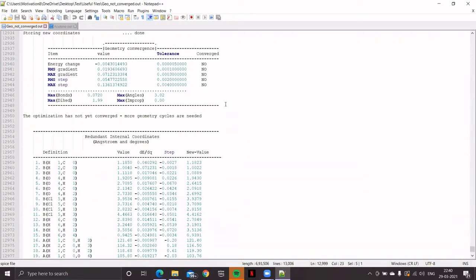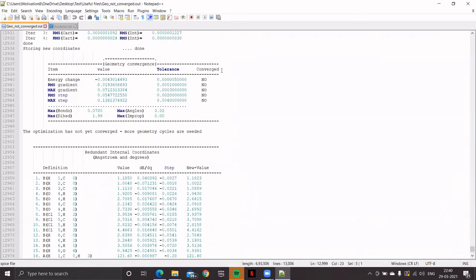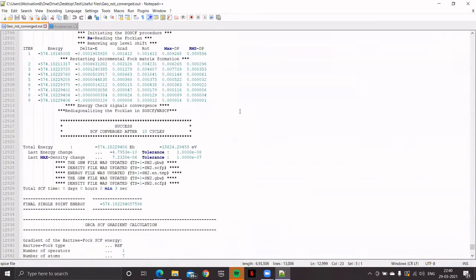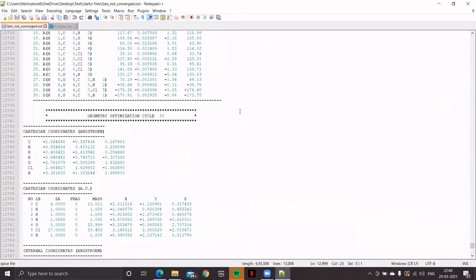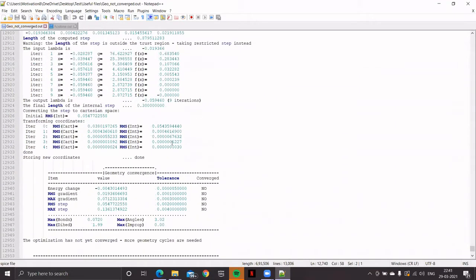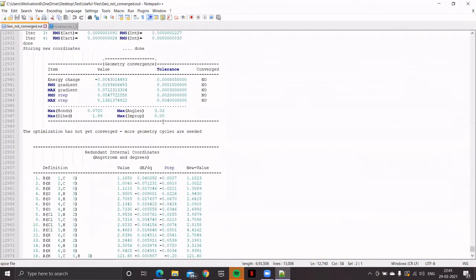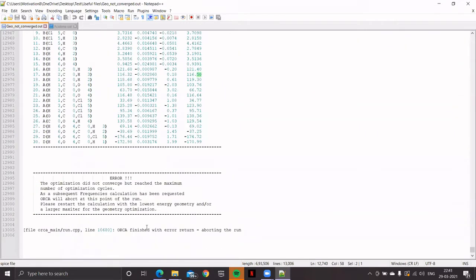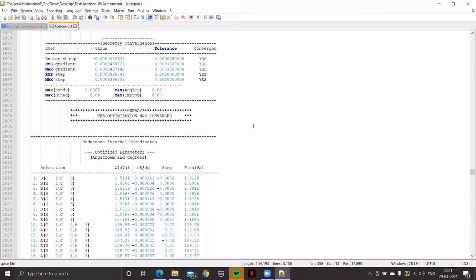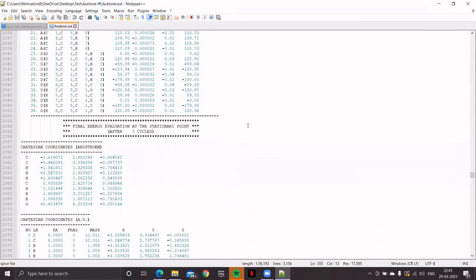The reason is, you can see here, the convergence criteria were not met even after the maximum number of allowed cycles, by default, the value is 50. So after 50 cycles, in this case, we do not get all the convergence criteria fulfilled, and therefore we got this particular message. But that's not the case with the acetone molecule. All the convergence criteria were met, and that's why we'll go to the next step.